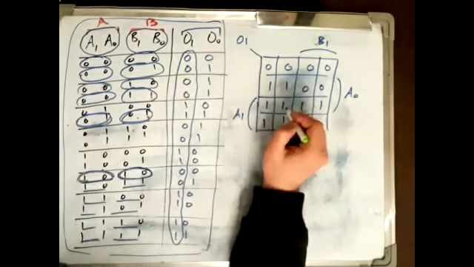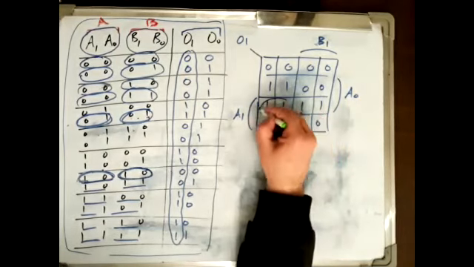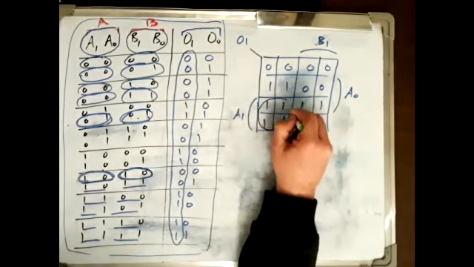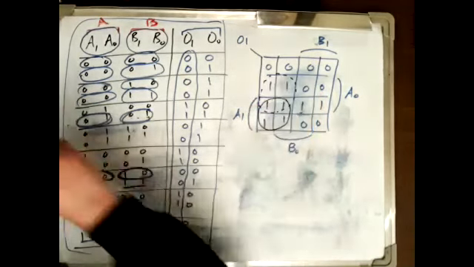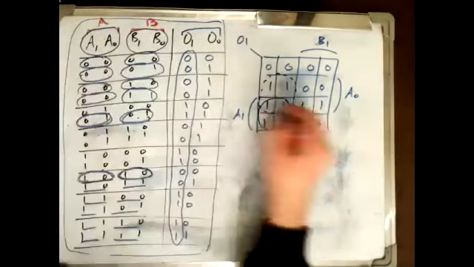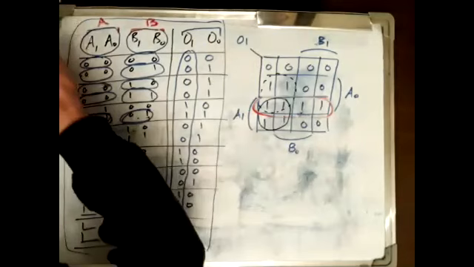What are the prime implicants? We have 3 prime implicants. We have this one, we have this one, and we have this one. All of them are essential.